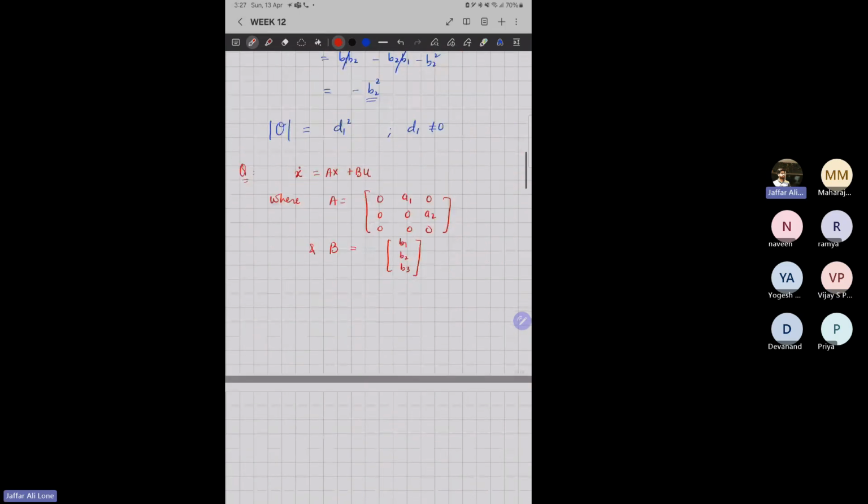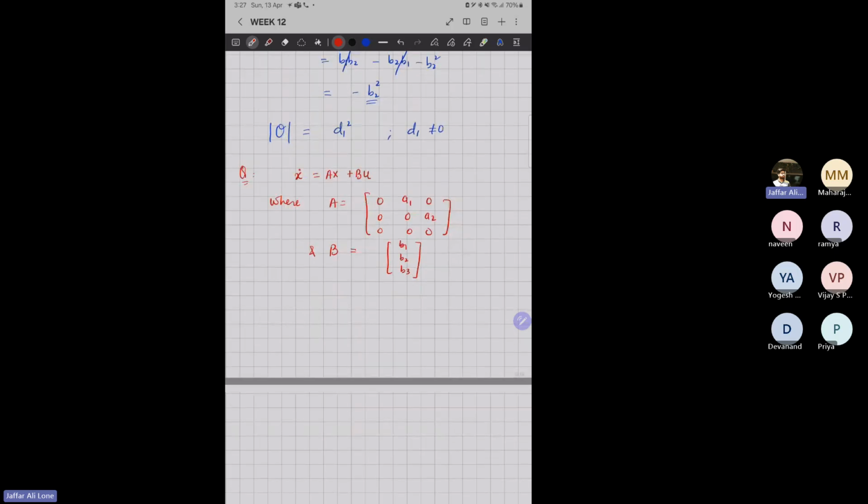Okay, so now see this question. We're given x dot equal to Ax plus Bu, where A is this: 0, A1, 0, 0, 0, A2, 0, 0, 0. B is B1, B2, and B3.